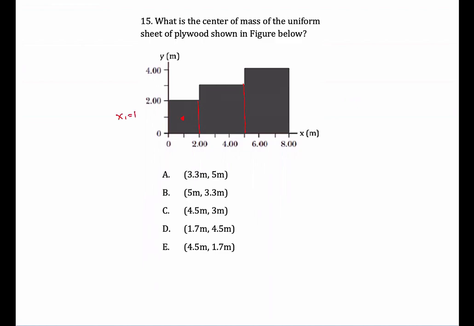So we have x1 as 1 and y1 again as 1, and since we need to find the center of mass, we'll need something about the mass. The mass is related to the area, so we can say that mass 1 is length times width, so 4. In a similar way, x2 is exactly at the center.